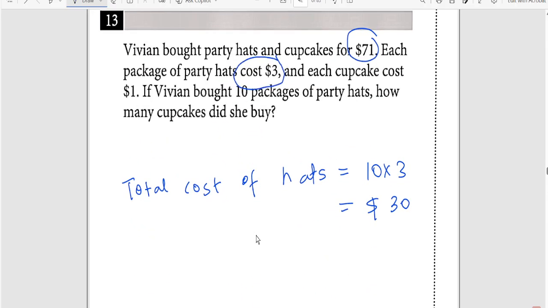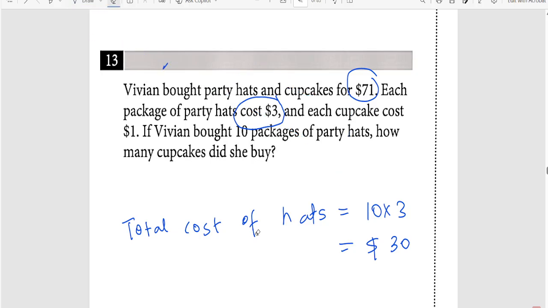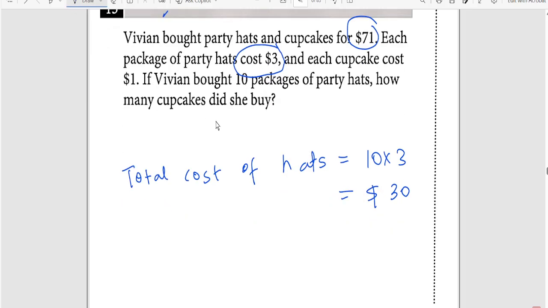because the total amount is 71, if I subtract 30 from the total amount, I will get the remaining amount. So to find the remaining money, I do 71 minus 30, which equals $41.